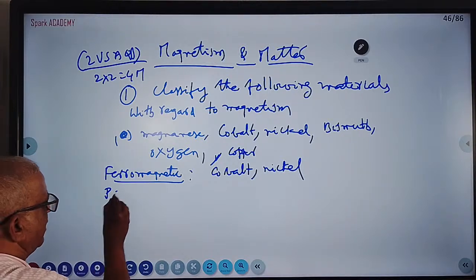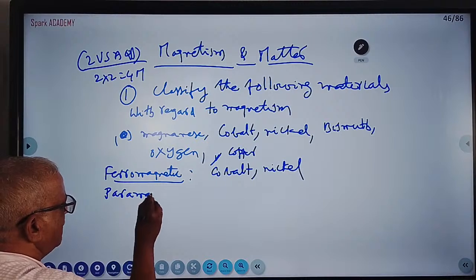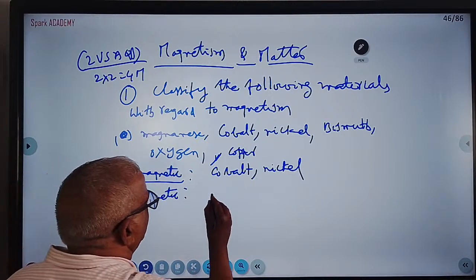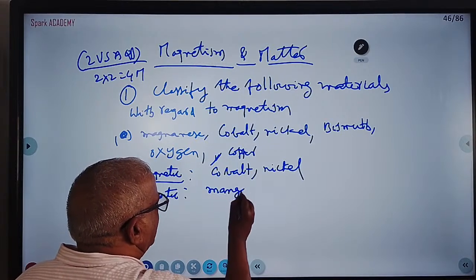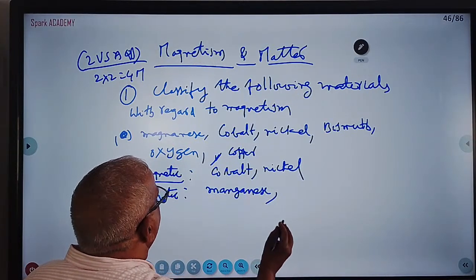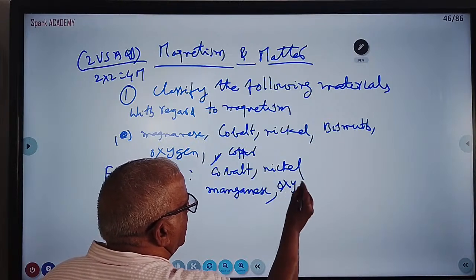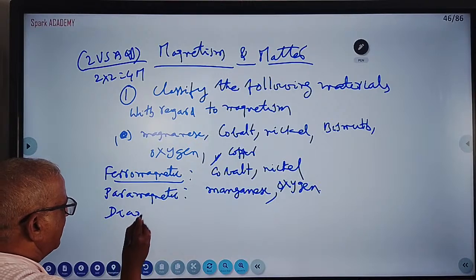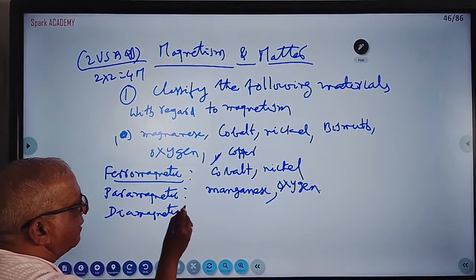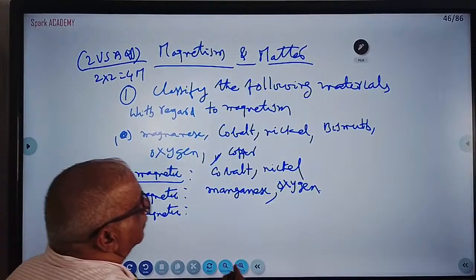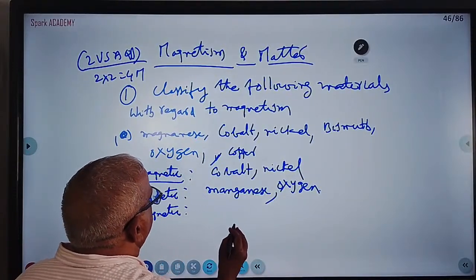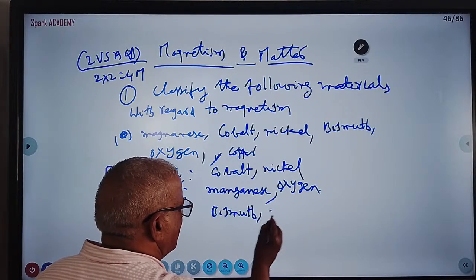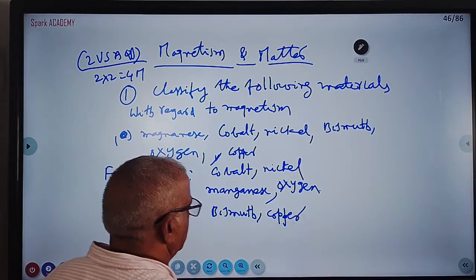Then paramagnetic: manganese, oxygen. Diamagnetic: bismuth, copper.